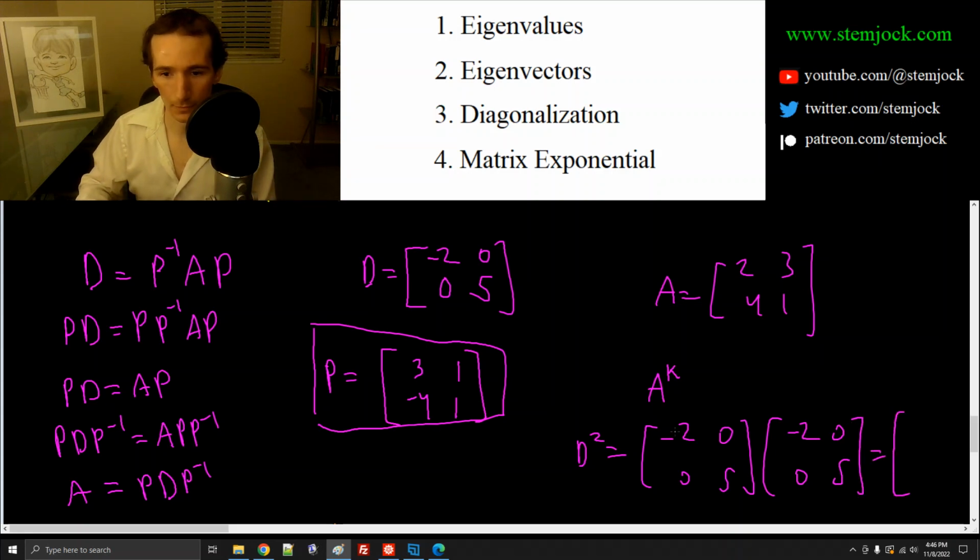If I multiply now, negative 2 times negative 2, that's 4, plus 0 times 0, so that's just 4. And now the top right, that's going to be negative 2 times 0 plus 0 times 5. That's going to be 0. For the bottom left, I'll do 0 times negative 2 plus 5 times 0, that's 0. And now for the bottom right, 0 times 0 plus 5 times 5, 25.